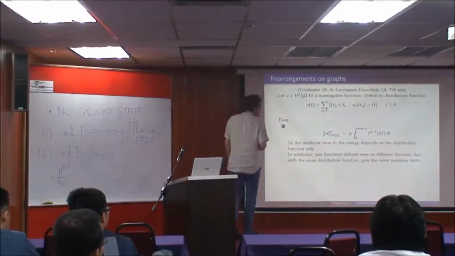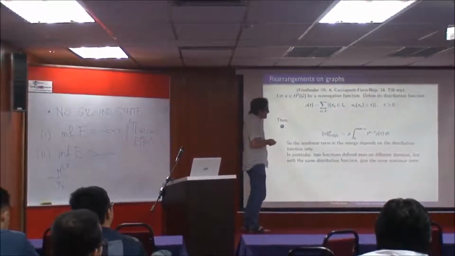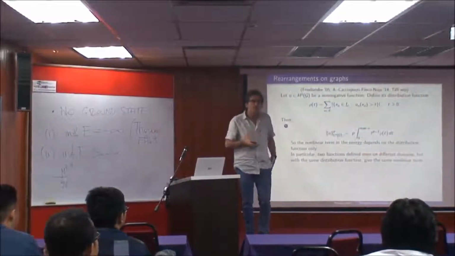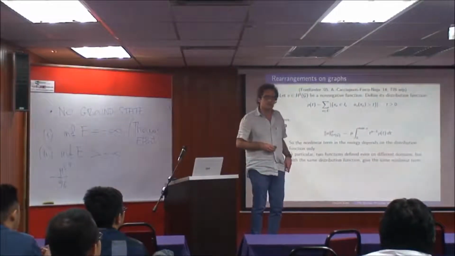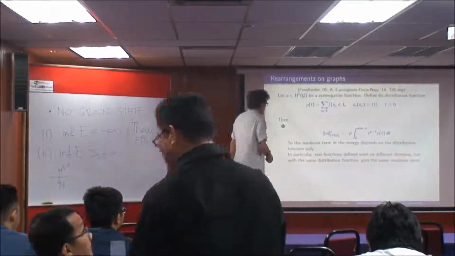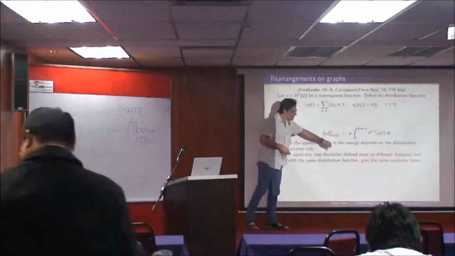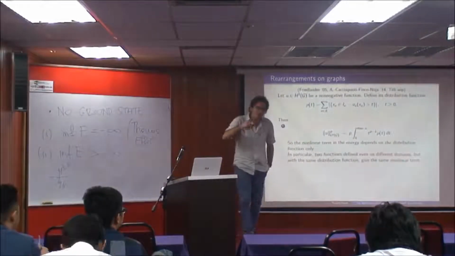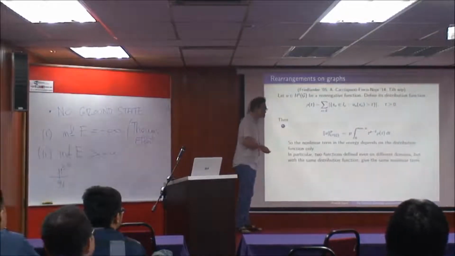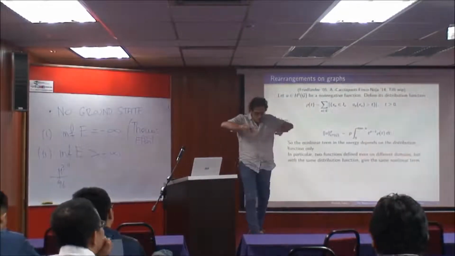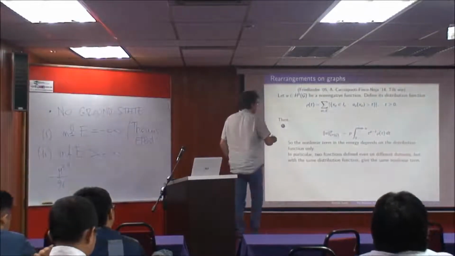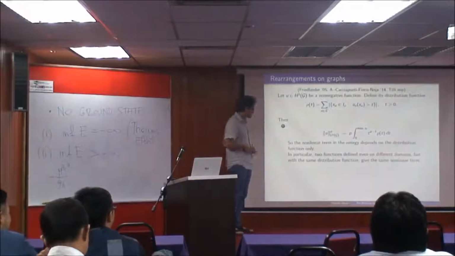And the second very important point is that if you consider two functions having the same distribution function, even though they are defined on very different domains, for example a function u hat on R, which in general is different from G, or u star on R plus, which again is different from G, then even though the two functions live in two separate worlds, if they have the same distribution function, they have the same nonlinear term of the energy.